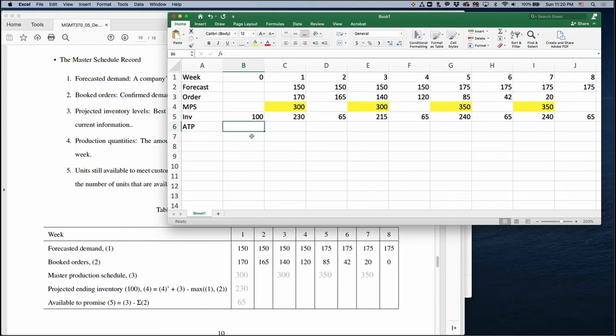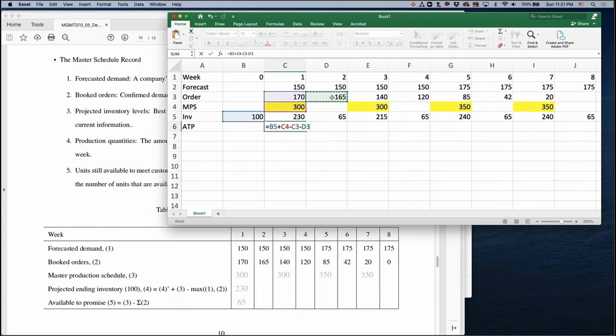In period 1, you have 100 and you have 300; 300 will be produced, right? Then your current physical quantity will be 100 plus 300. Out of this, 170 is already booked, and 165 is also already booked.